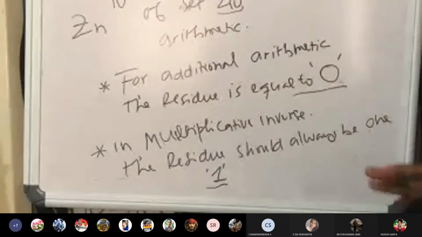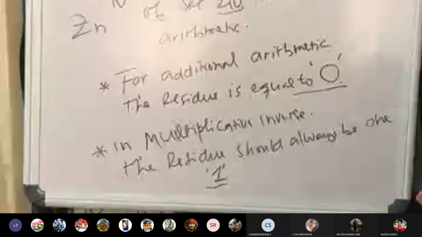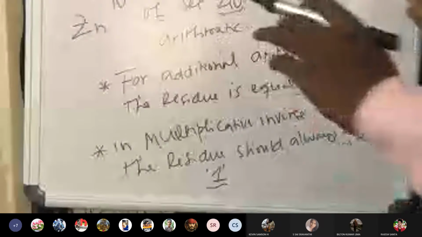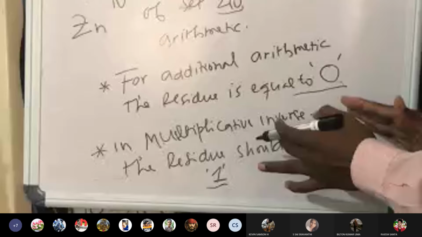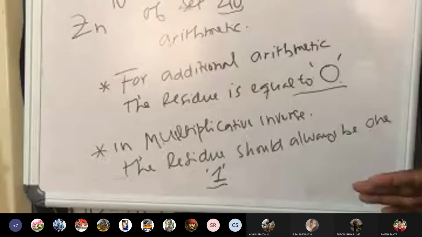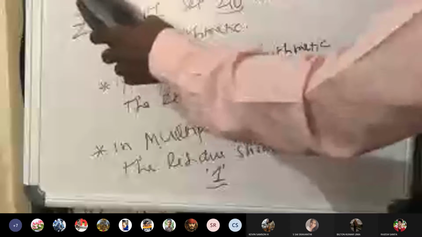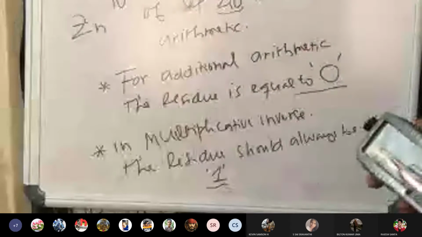All right? So now let's see how these things work. For addition it is very simple, but for multiplicative inverse it is quite technical. That's why you have to follow and do as I do. We took an example of the set Z10.